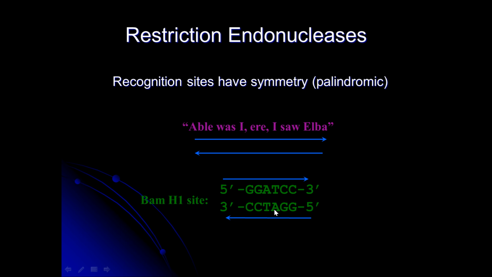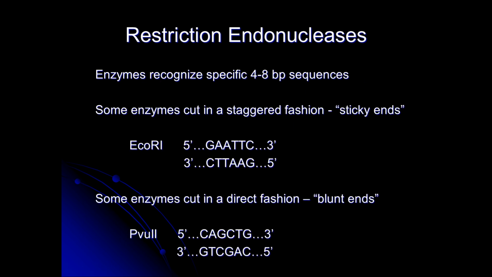In DNA, in restriction enzymes, palindromic means we read the sequence from the left side in one strand, then we read the sequence from the right side in the other strand. Clear? So GGATCC, GGATCC. These are the recognition sites.